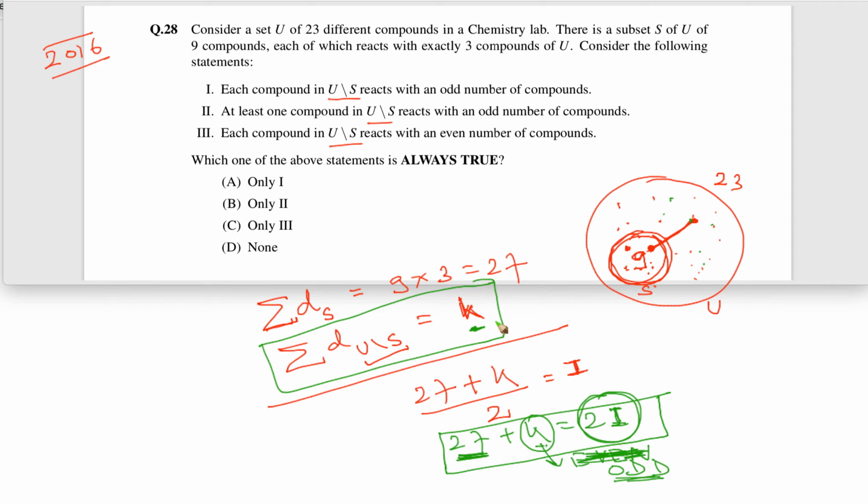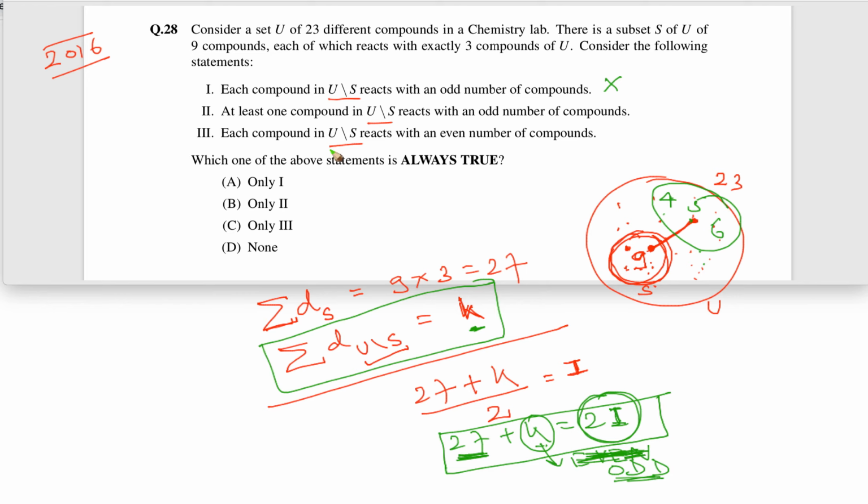Now the first statement says each compound in U minus S reacts to an odd number of compounds. Is it the case? We have not said anything like that. It might happen that someone reacts with 4, someone reacts with 5, someone reacts with 6, and overall is still odd, but some of them might be even. So this statement does not seem to be correct.